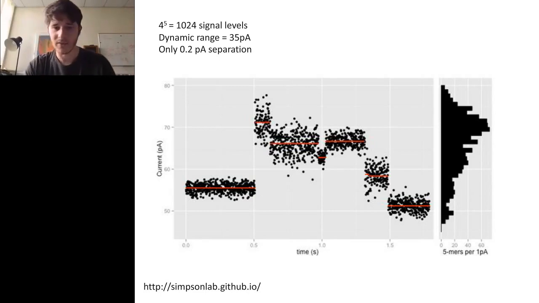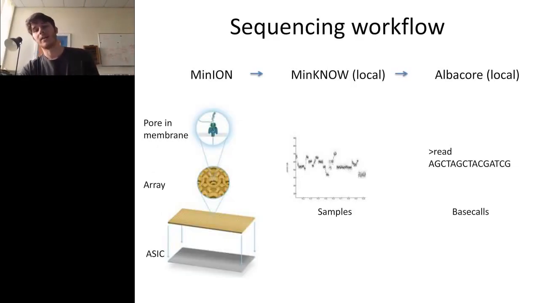And then this can be converted by using a base caller, which is a general term which means calling the actual DNA sequence from the data that you've recorded.